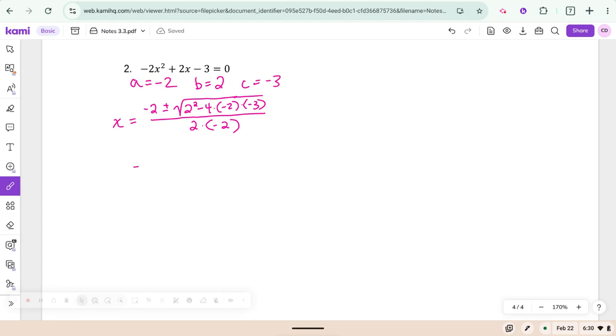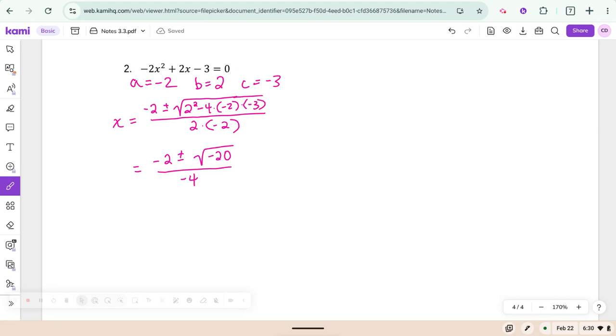So let's see. I've got my negative 2, plus or minus, and I'd like to do that discriminant. And according to my earlier calculation, I got negative 20, over 2 times negative 2, which is negative 4. My discriminant is negative 20, and anytime that's a negative number, I know I'm going to have two imaginary solutions. This parabola will not cross the x-axis.